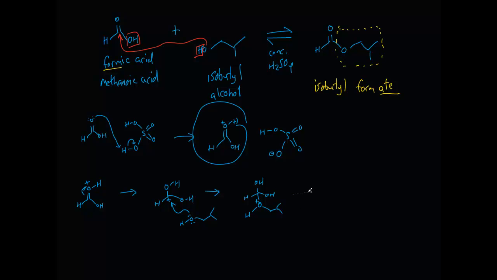And I could have just as easily drawn this hydrogen maybe on this side over here. The reason I'm getting at that is because what will happen at this step is something called proton transfer. This proton here is going to migrate towards, and I probably should have drawn it on this side because you could then see how close it is to this OH here. But what will happen is, let's draw a dotted line.